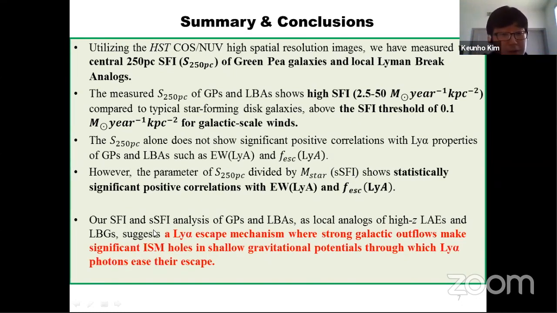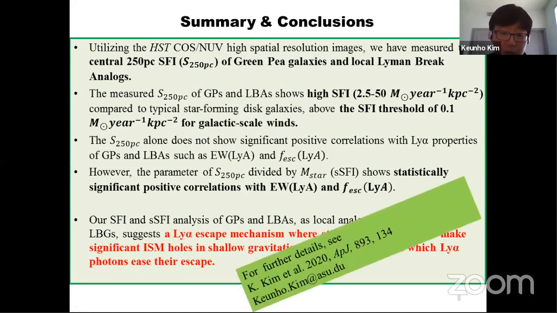And our analysis thus suggests a Lyman alpha escape mechanism where strong galactic outflows can make significant holes in the ISM in shallow gravitational potentials, through which Lyman alpha photons can ease their escape. For further details, please see our recently published paper, and you can also email me, and I'm happy to take questions. Thank you.